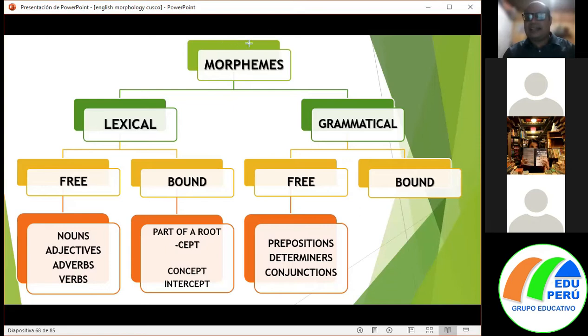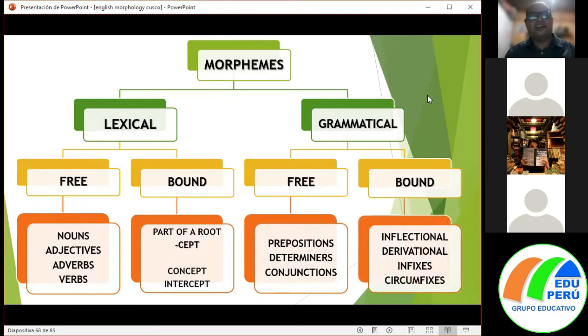All right. And the bound morphemes. It was a little slow. The bound grammatical morphemes: we have inflectional, derivational, infixes, circumfixes. As we saw before, we call them the affixes, not just prefixes, suffixes. We call them inflectional morphemes, derivational morphemes.